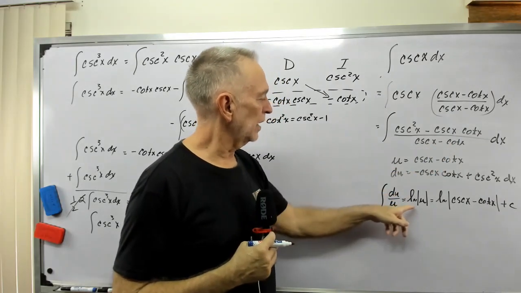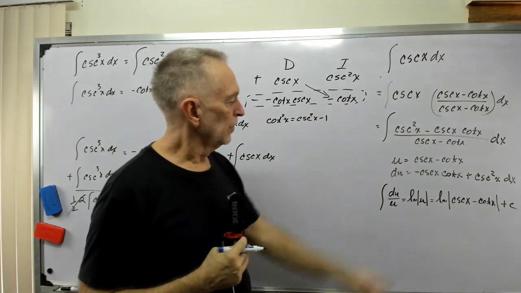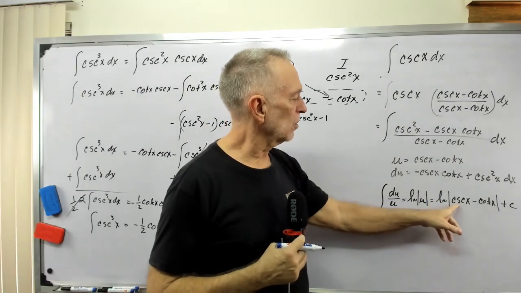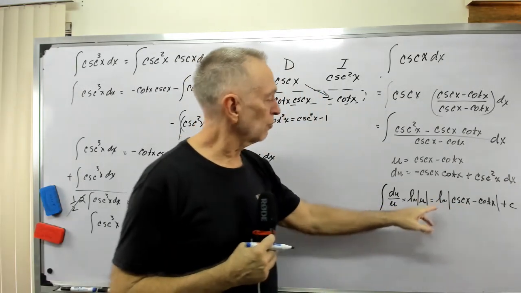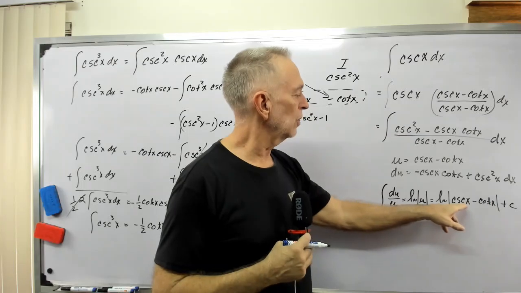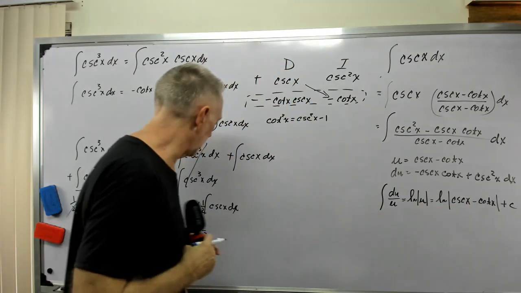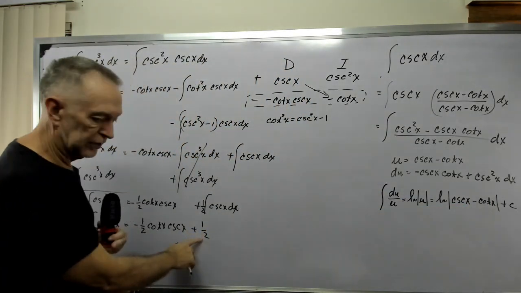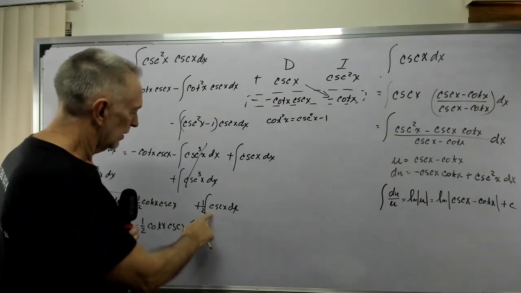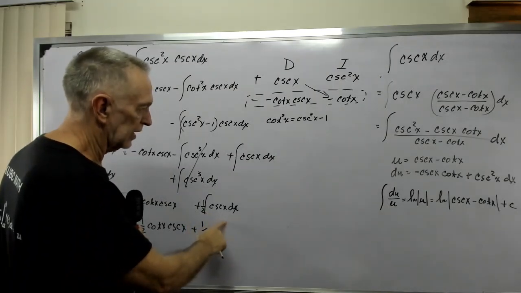So if I integrate that, that's the natural log of u. So that becomes the natural log of the absolute value of cosecant x minus cotangent x. Now in this case we have that, that's what's on the inside here.